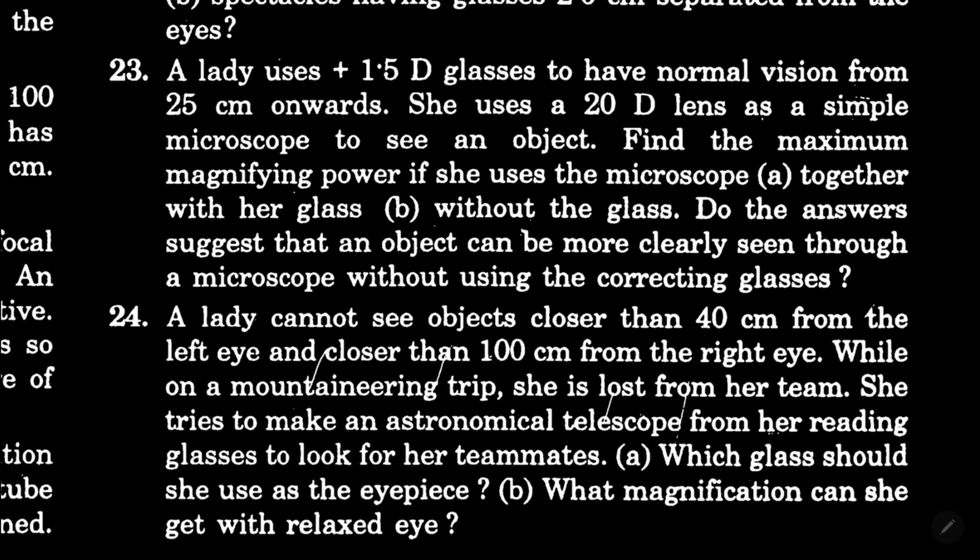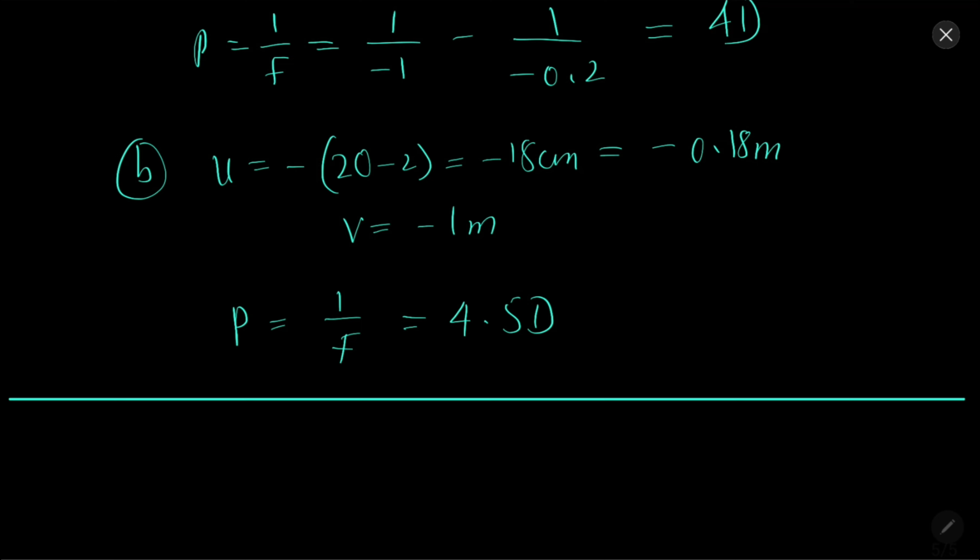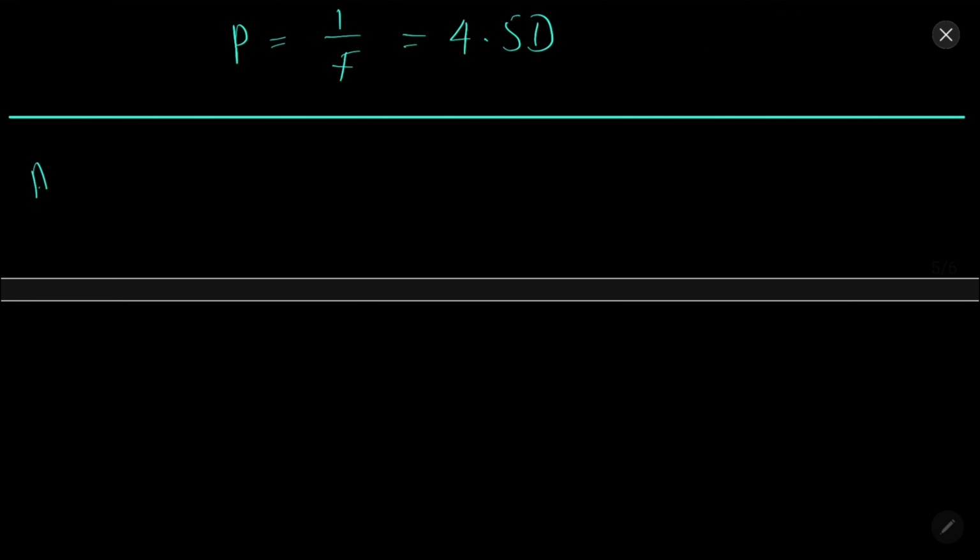In 23, a lady is there. Find the maximum magnifying power if she uses a microscope with glass and without the glass. Solution 23.